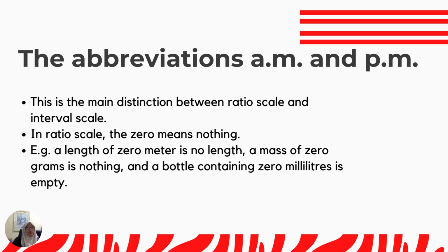A mass of 0 grams is nothing, because we are not measuring anything. And a bottle containing 0 milliliters is empty. When you look at an empty bottle, there's no water or no liquid in it. That means it's totally zero. So it's a ratio scale.